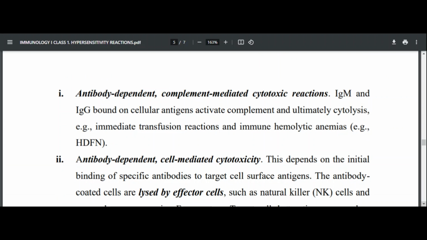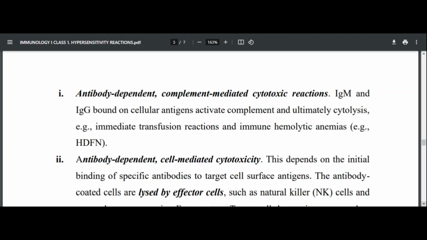The first example, a classic example in this type, is immediate transfusion reaction and immune hemolytic anemias, for example, hemolytic disease of the fetus and newborn. So these 2 conditions are classic examples of antibody-dependent complement-mediated cytotoxic reaction.